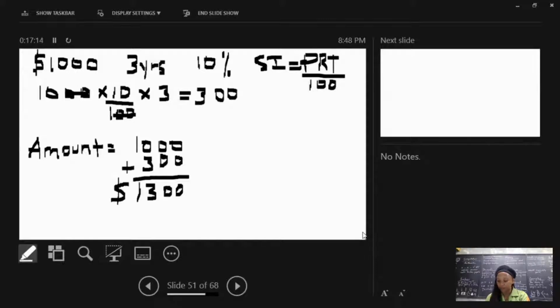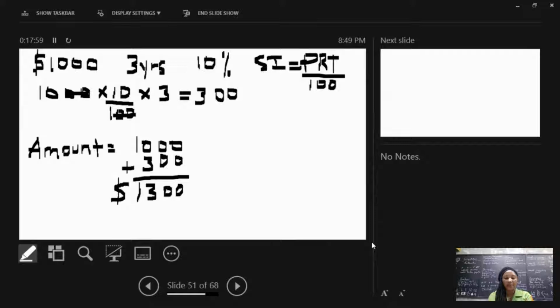And so we worked it out for the simple interest. So we're investing $1,000 at 10% for 3 years. So the principal is $1,000. The time is 3 years and the rate is 10%, right?